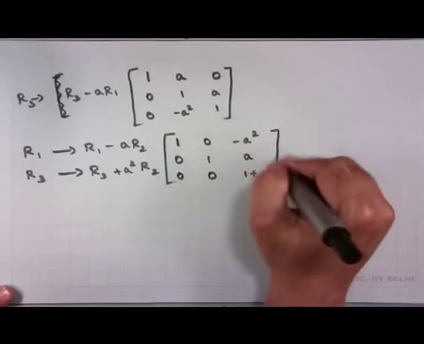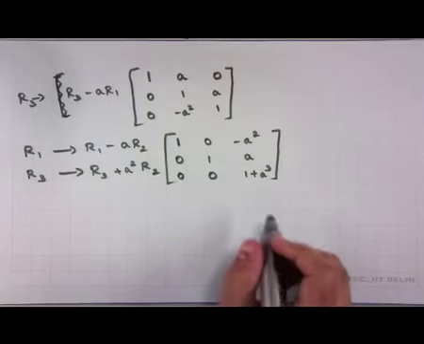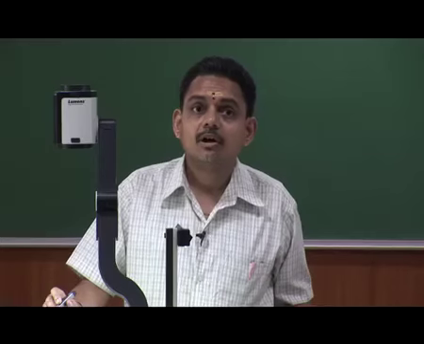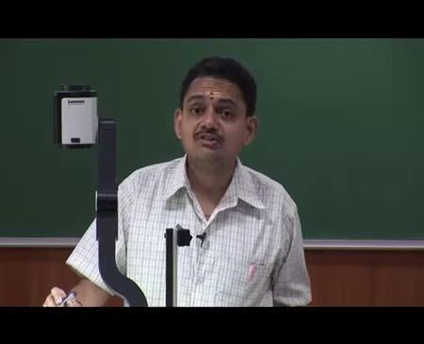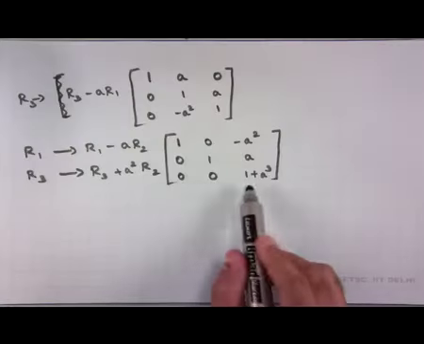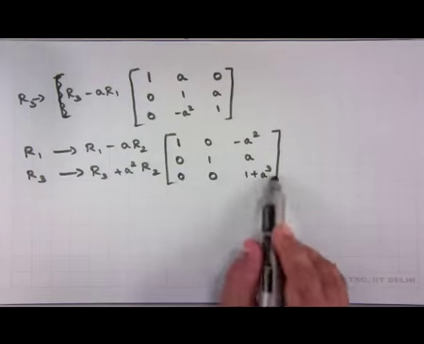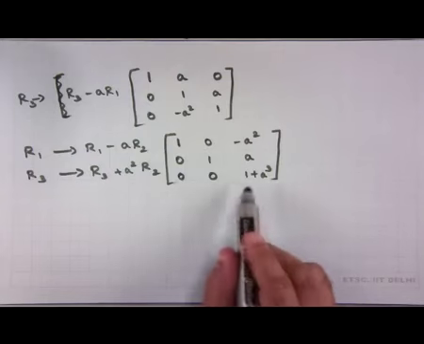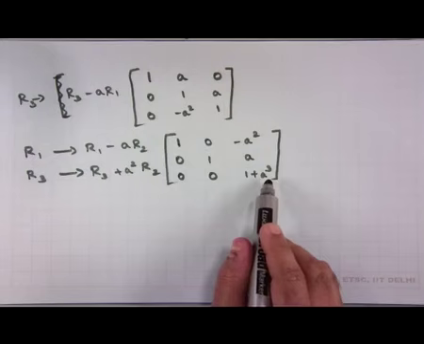Now, for the system to have infinite number of solutions, what is expected is at least one 0 row. Now, you have two zeros. For the last term to become 0, you need 1 plus A cube to be 0, which means A cube should be minus 1.